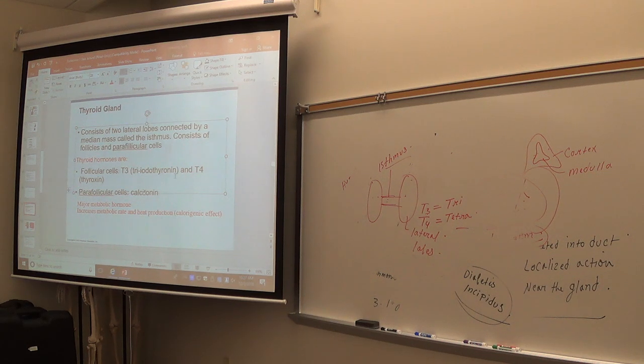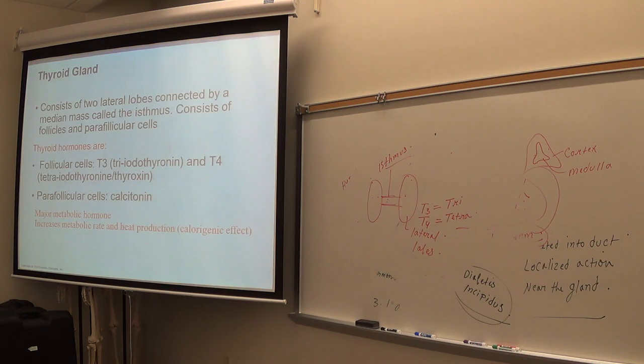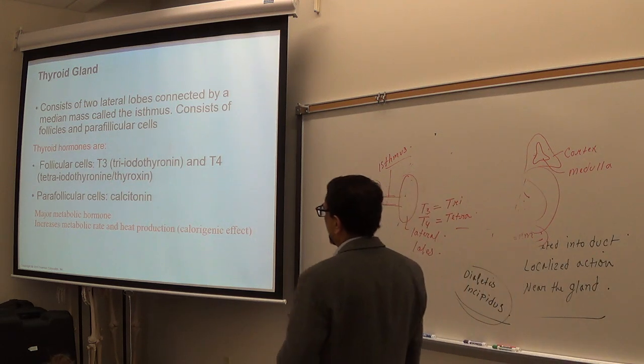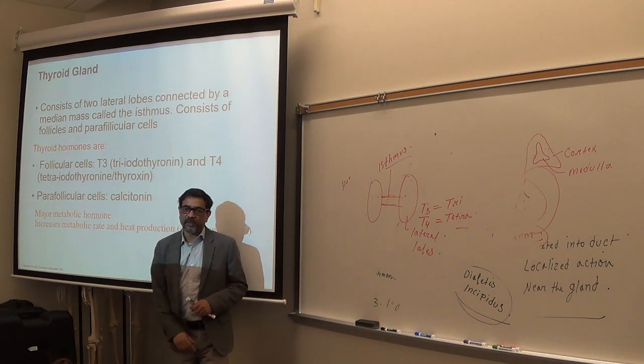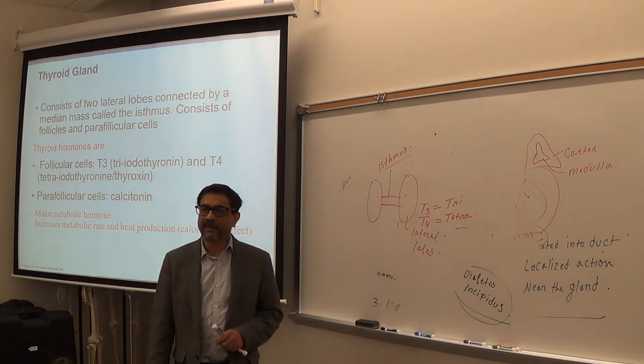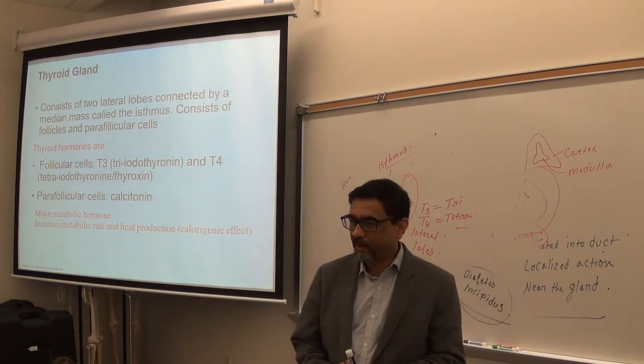So T3 or triiodothyronine, T4 or tetraiodothyronine or thyroxine, and calcitonin. So T3, T4 and calcitonin. Those are three thyroid hormones.